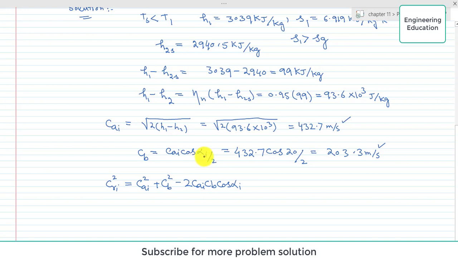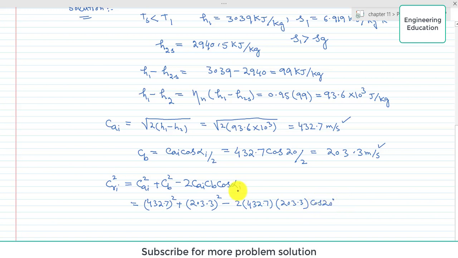Now putting the values, 432.7 square plus 203.3 square minus 2 into 432.7 into 203.3 cos of 20 degree.